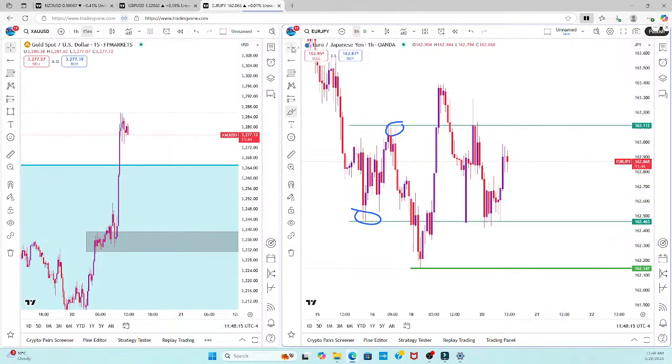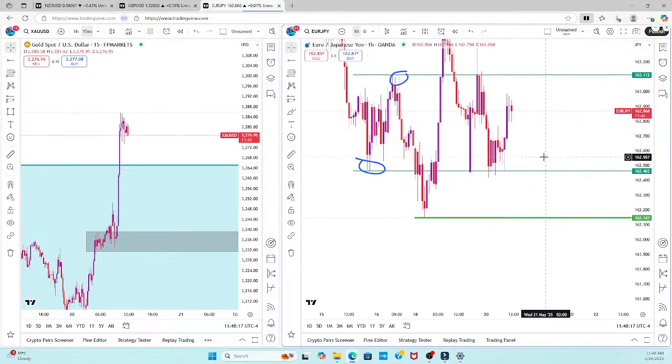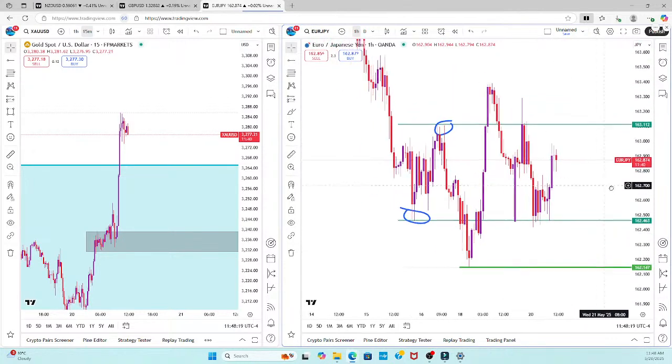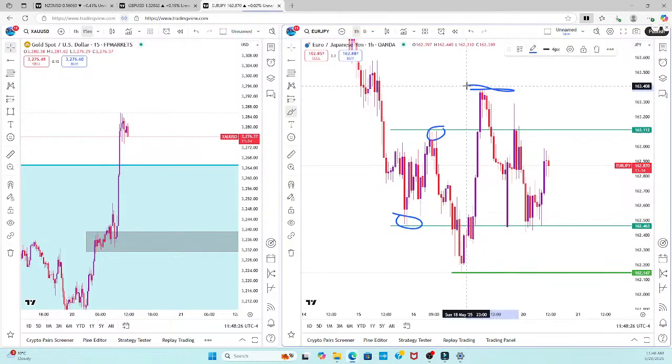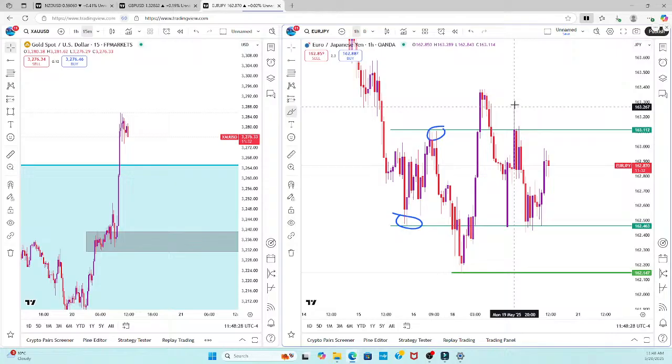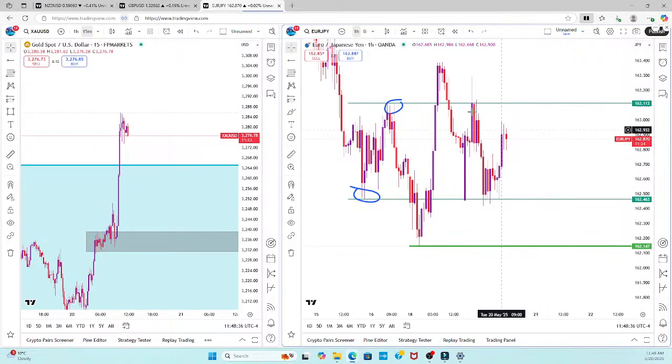So basically the next thing that needs to happen is the price needs to break this current high. But the fact that the price returned here and then got rejected is actually not a good sign.